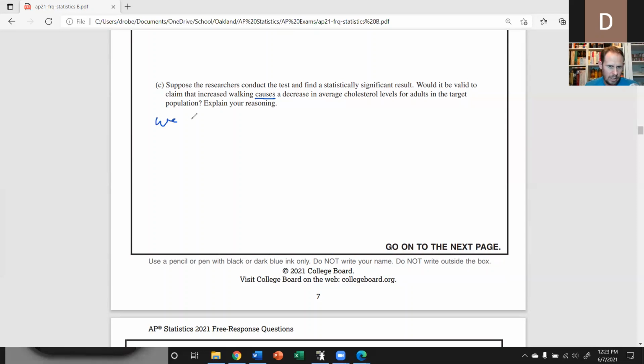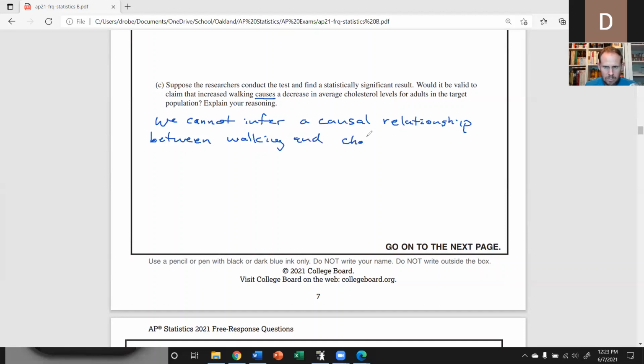So we cannot infer a causal relationship between, I'm going to put my context in here, walking, I don't want to say distance or increase, I'll just say walking, and cholesterol levels.